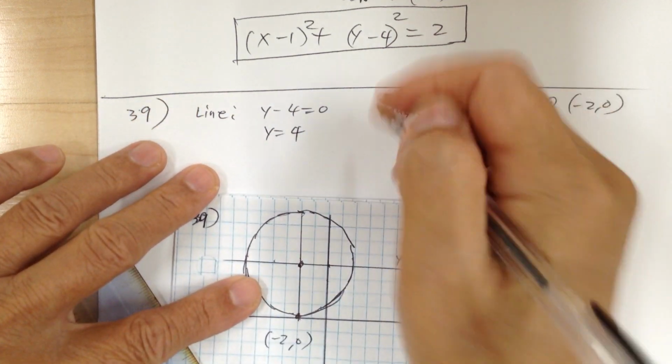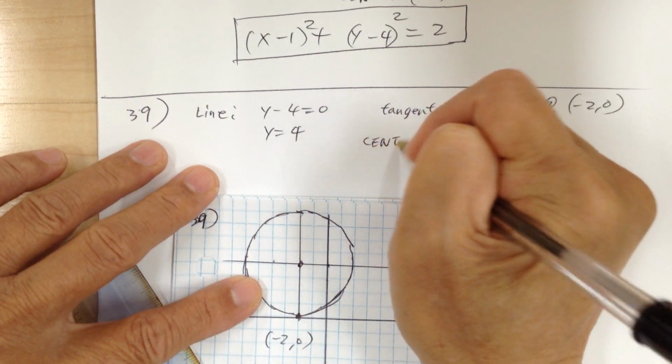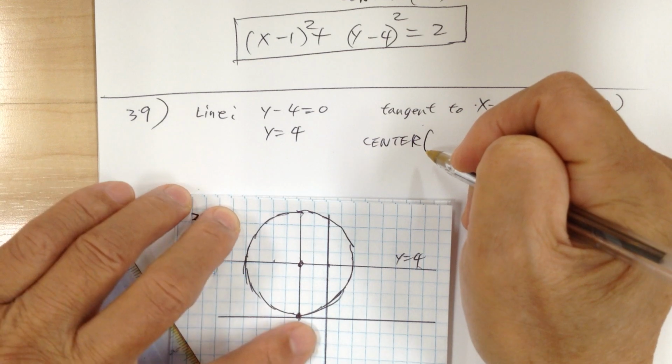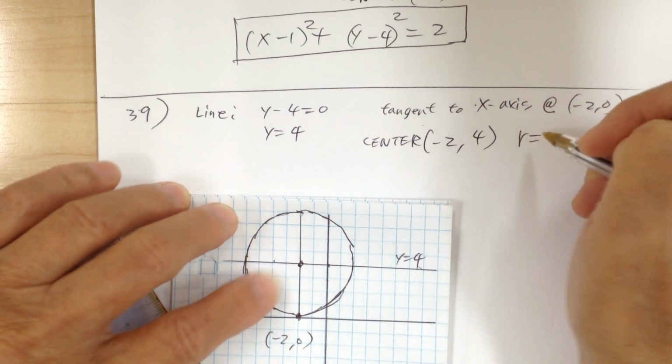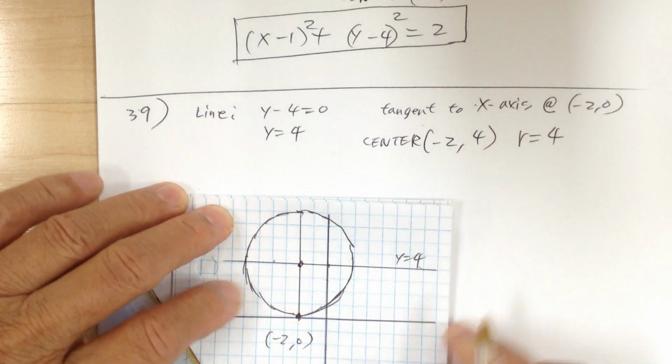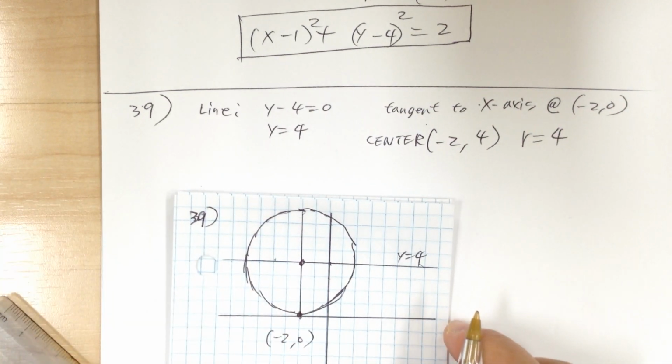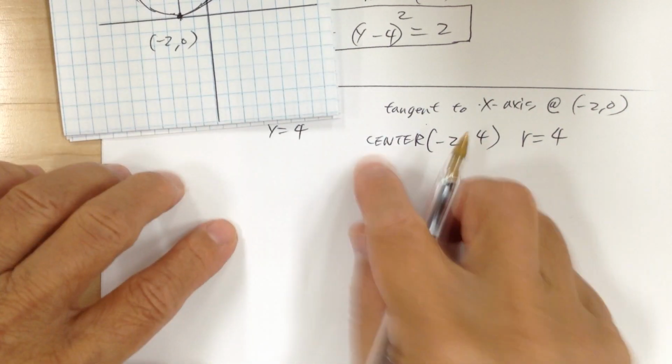So from here you can see that your center is going to be at -2, 4, and the radius is going to be 4, just from the sketch. When you sketch it out, you can figure these things out.